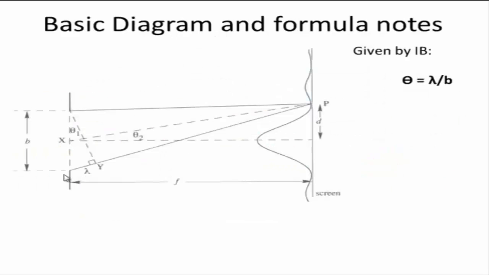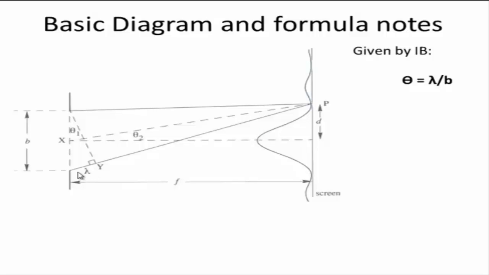Starting over, the distance between the edge of the slit and position Y is seen to be that of one wavelength. The distance between Y and point P is equal to the distance between the other edge of the slit and point P. Now you may be thinking that seems strange.